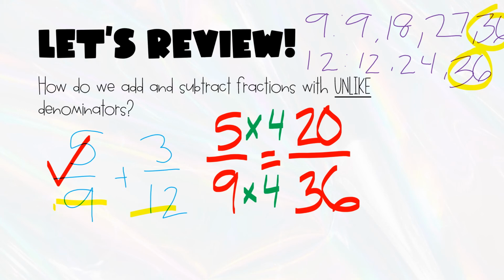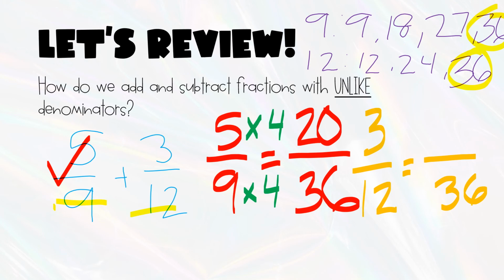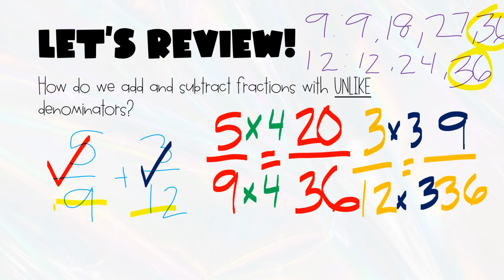My second number, and I'll use a different color so I don't get confused, is 3/12. So 3/12 is equal to some number over 36. And I know that 12 times 3 gives me 36, and 3 times 3 gives me 9. But now I need to go back and add my equivalent fractions.